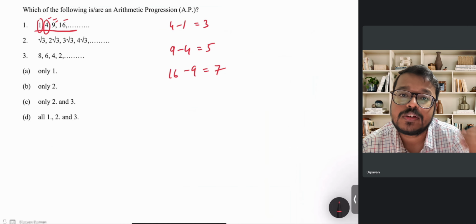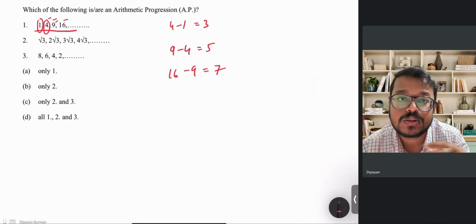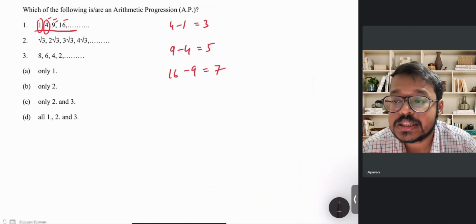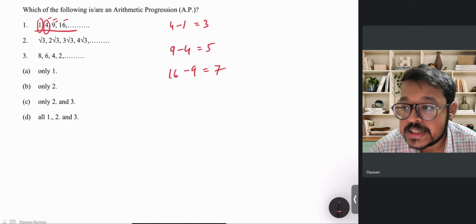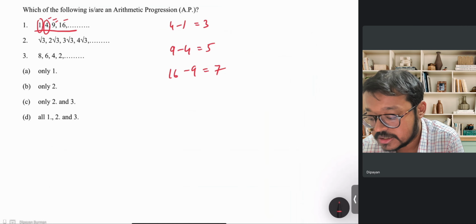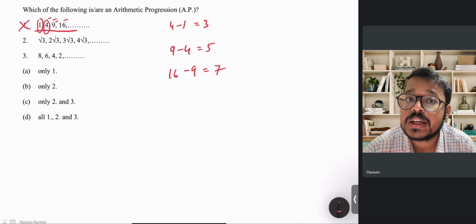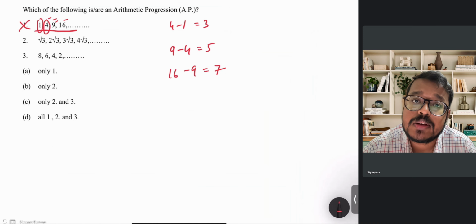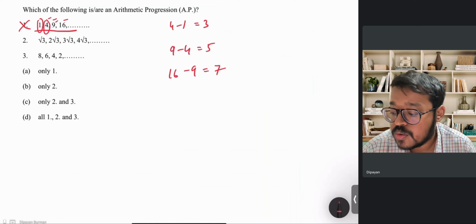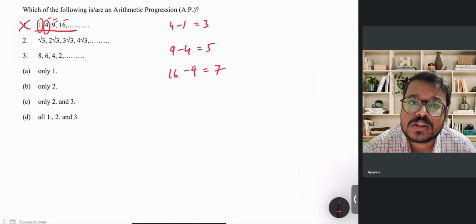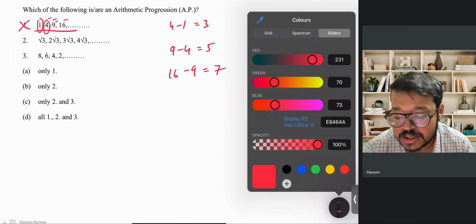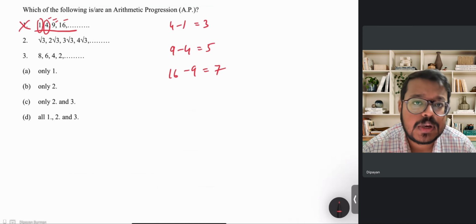So I can see that the difference between these numbers are actually getting larger. It's increasing. So I can say that the first series is not an AP, because for an AP I wanted the same difference between all the consecutive numbers. So 1, 4, 9 and 16 are actually square numbers, perfect squares, but it's not an AP.